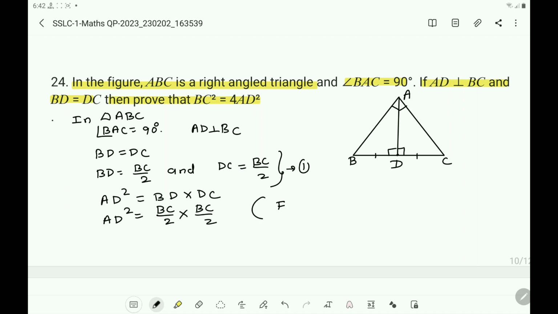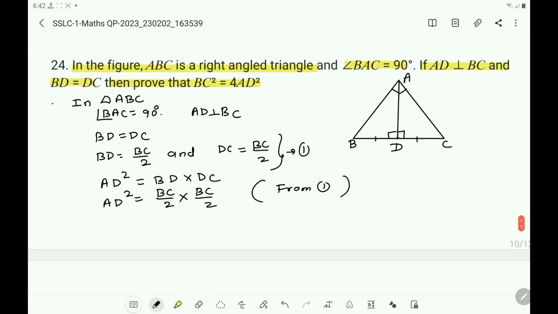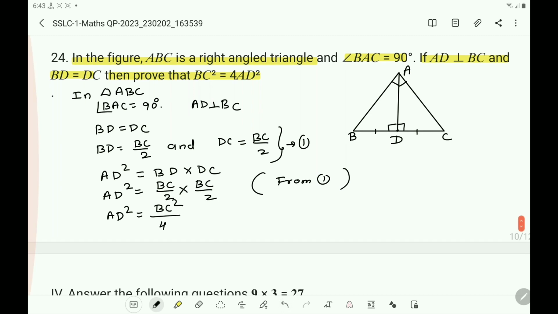That is from 1. Then you write AD square equals BC into BC, BC square, 2 into 2, 4. Then you do the cross multiplication, that is 4AD square equals BC square. That is BC square equals 4AD square. Got the result? Here you got BC square is equals to 4AD square.